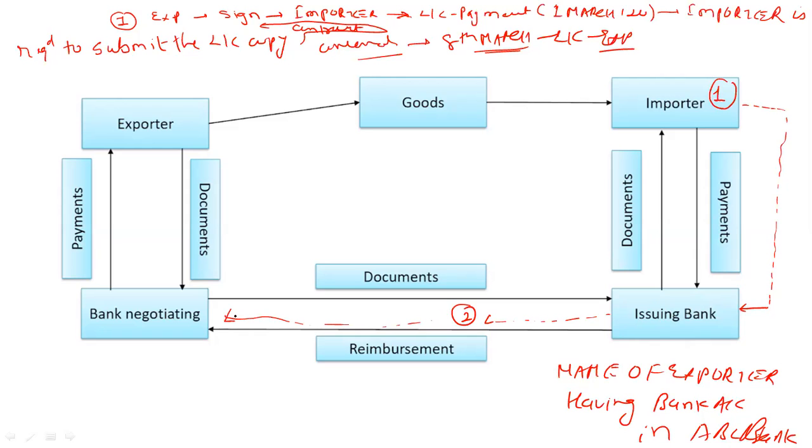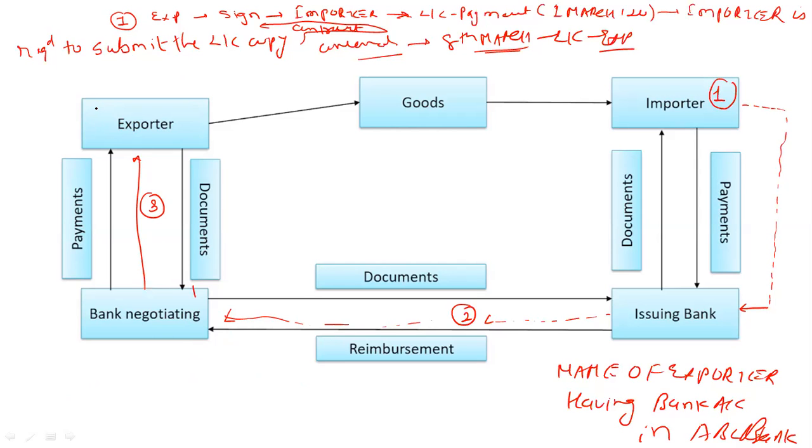Once the exporter's bank, which is known as the negotiating bank, receives the letter of credit, it submits this document to the exporter. The exporter will check everything, because it is clearly written that the exporter needs to submit all the documents.